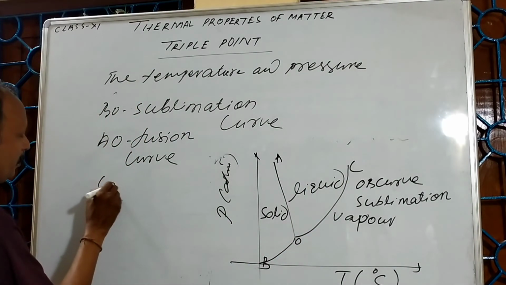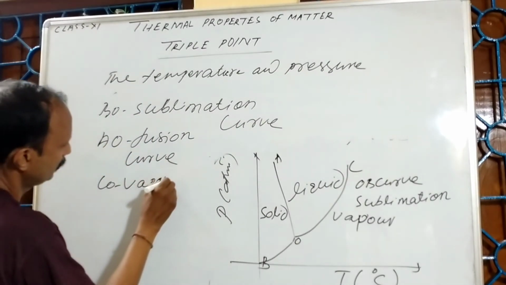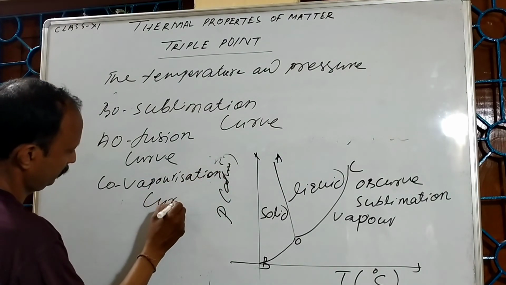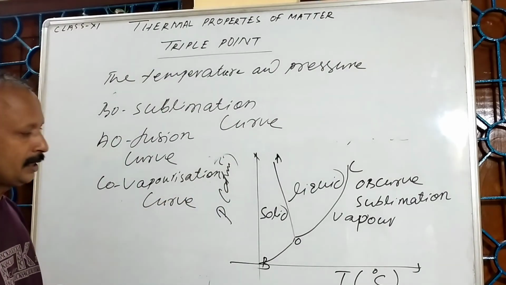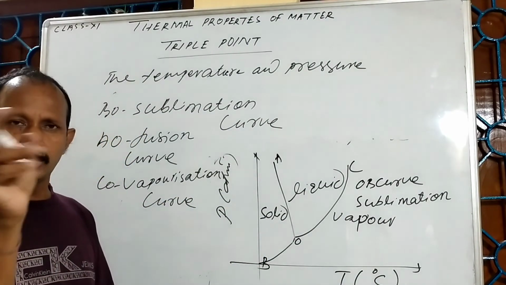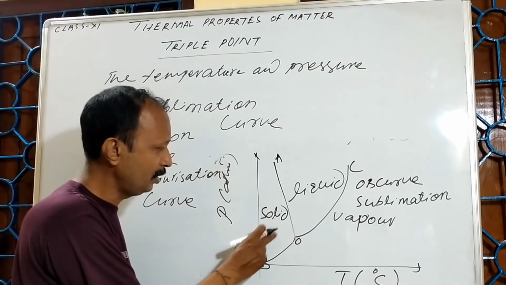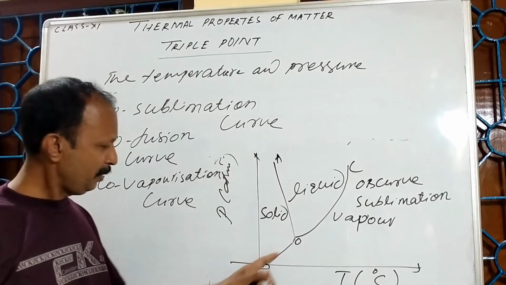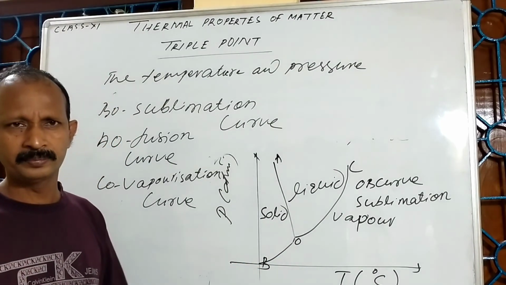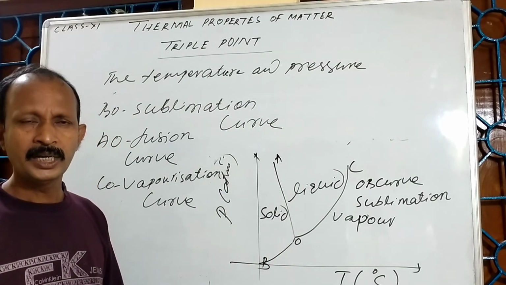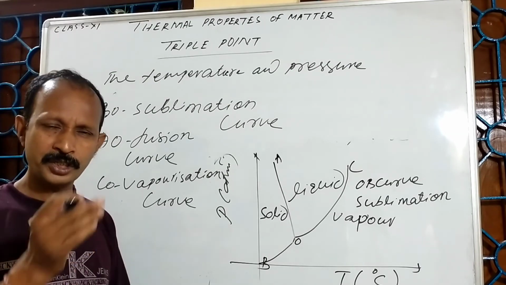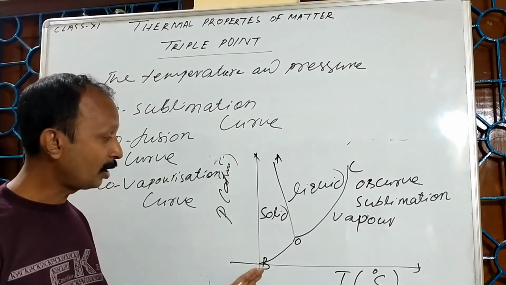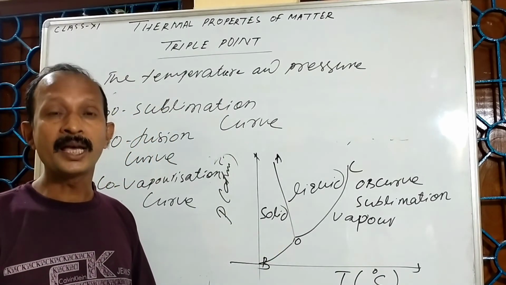CO represents the vaporization curve. Three things are there. Divided into three regions: solid region, liquid region, gaseous region. Any point on the sublimation curve represents the state of the substance which converts directly from solid to gaseous state.